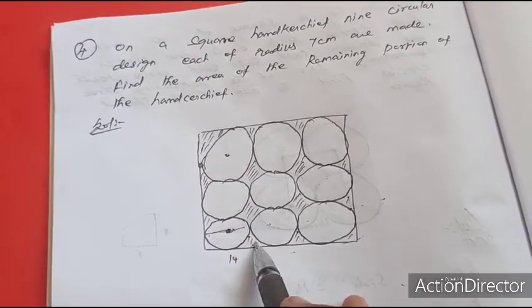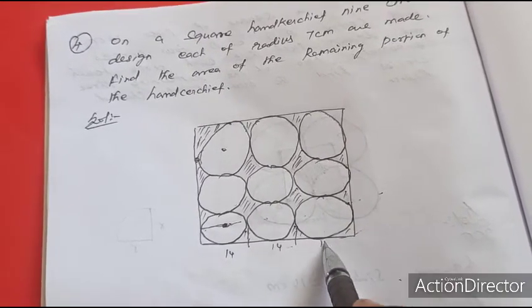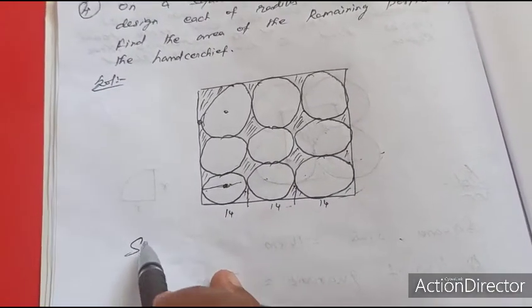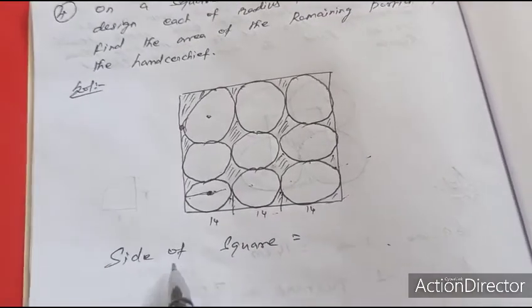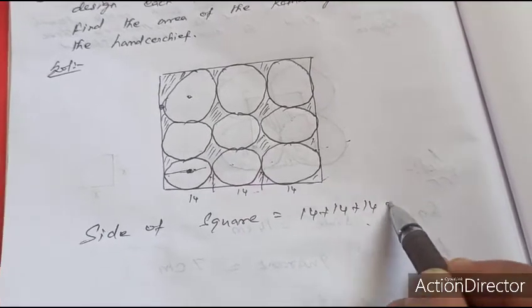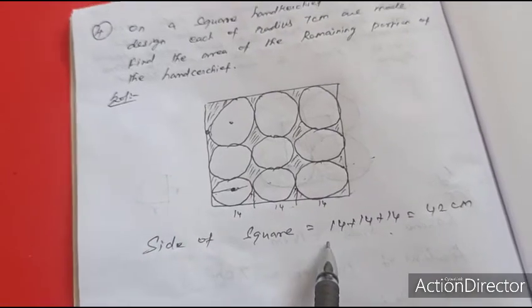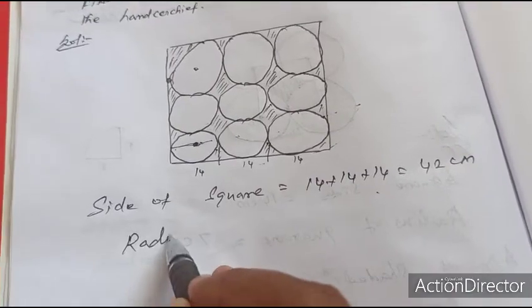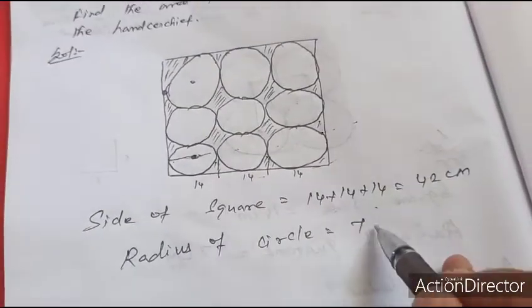Therefore, side of the square is 14 plus 14 plus 14 equals 42 centimeter. Radius of the circle equals 7 centimeter.